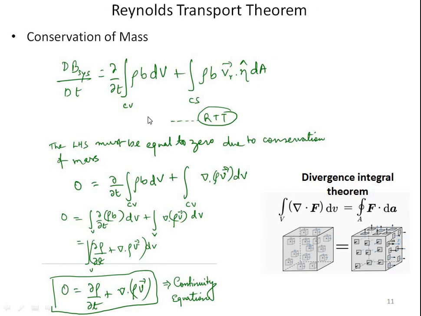If we zero in on this Reynolds Transport Theorem, we find that the LHS must be equal to 0 due to conservation of mass. So rate of mass in minus rate of mass out plus rate of mass generation minus consumption equals accumulation. This is a standard definition which you can find in Himmelblau or any good book on chemical engineering process calculations.